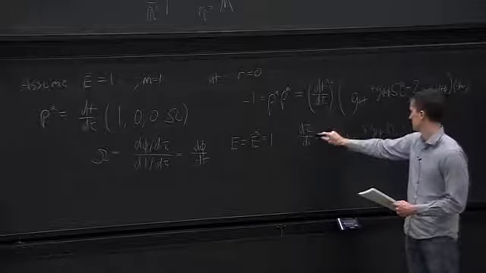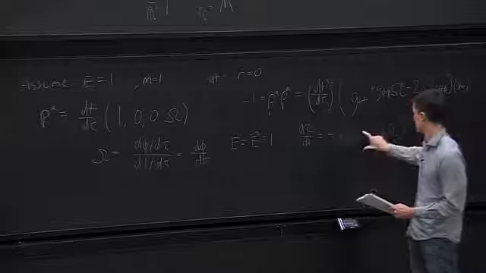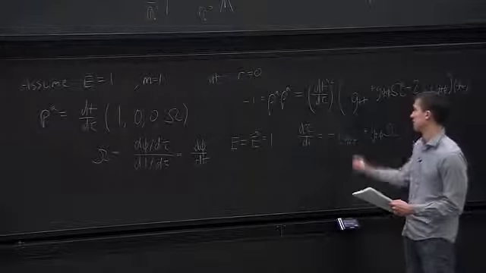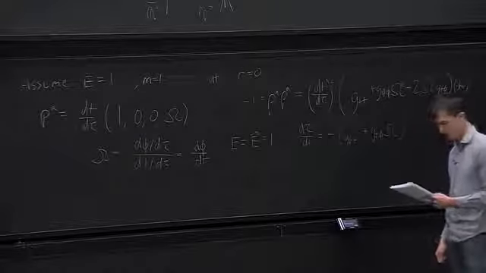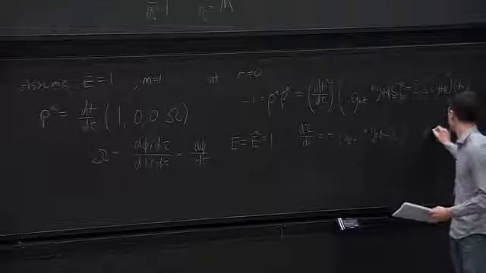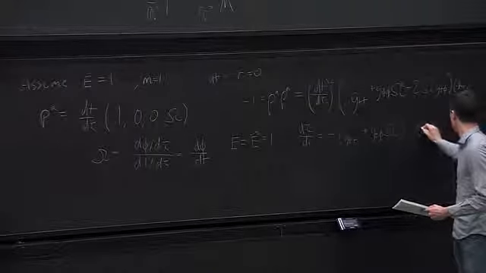I just divided the expression for energy by minus dt over d tau. Let's call this equation double star.